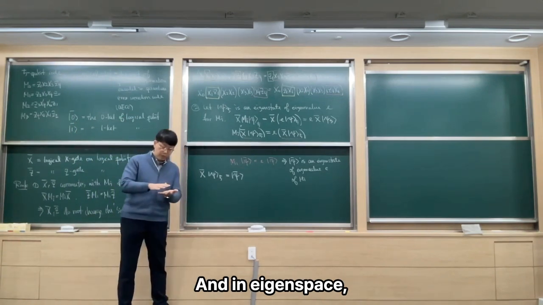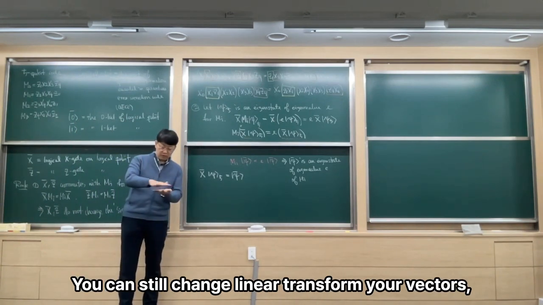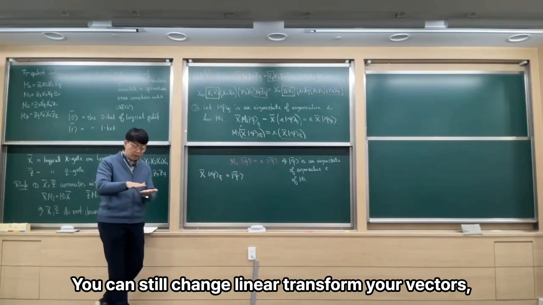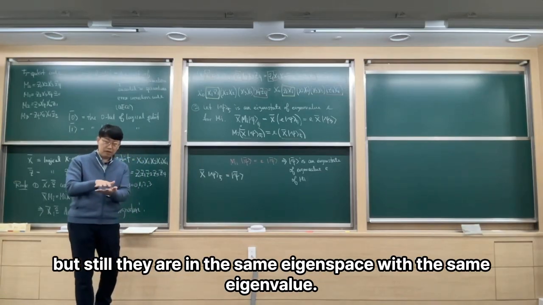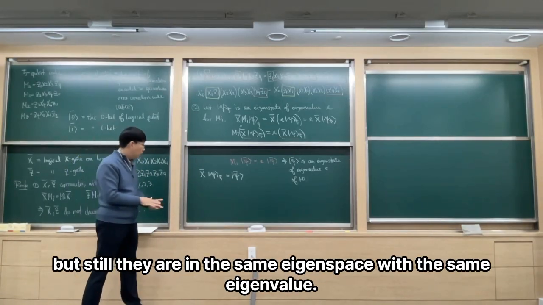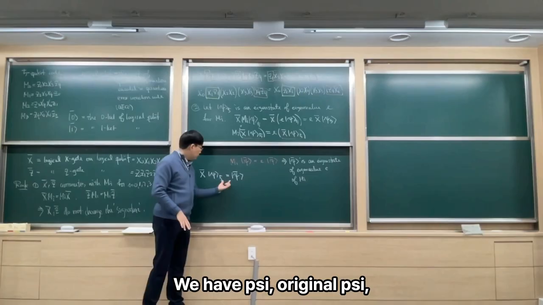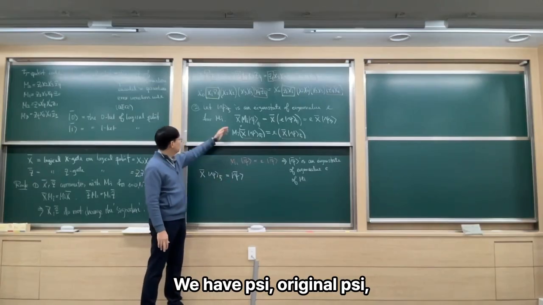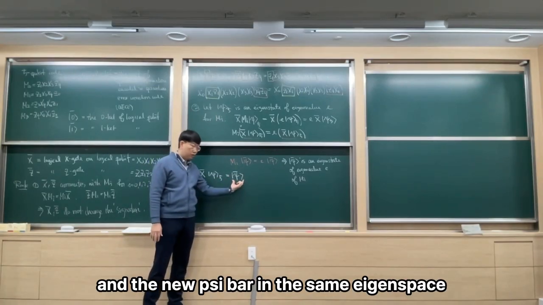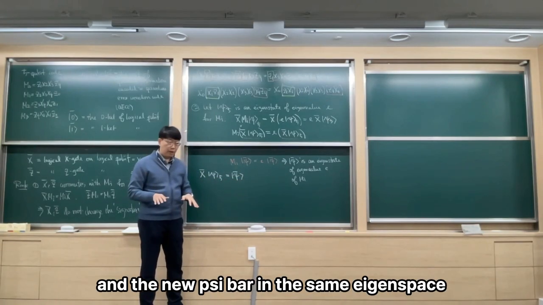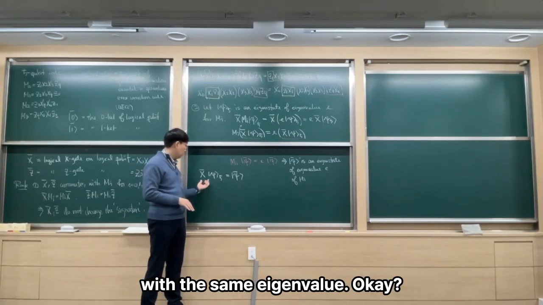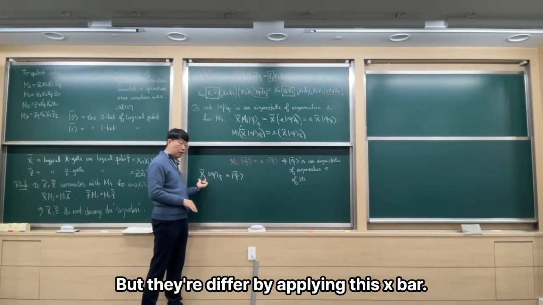And in an eigenspace, you can change your vector. You can linearly transform your vectors, but they are still in the same eigenspace with the same eigenvalue. That's what's going on. We have the original psi and the new psi bar in the same eigenspace with the same eigenvalue. Okay? But they're different by applying this x bar.